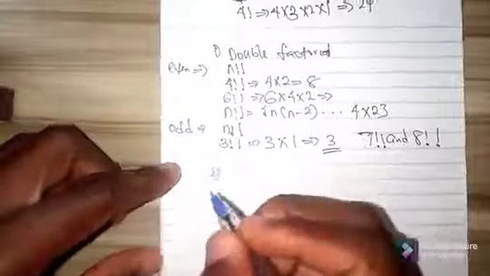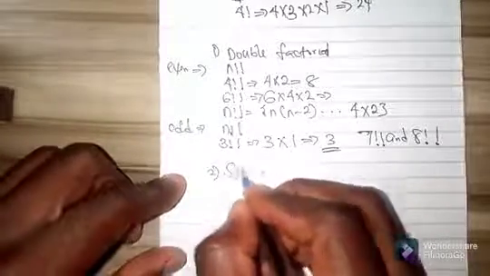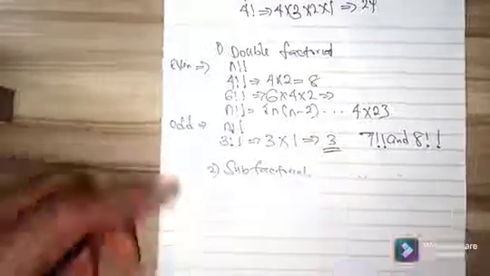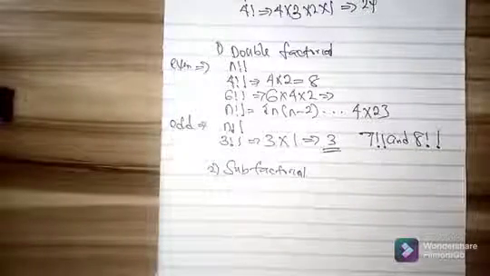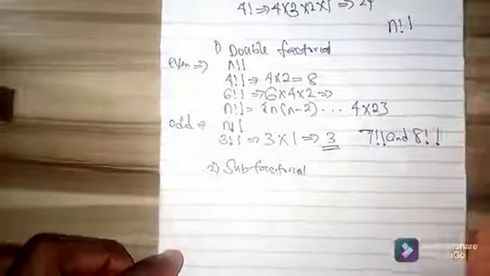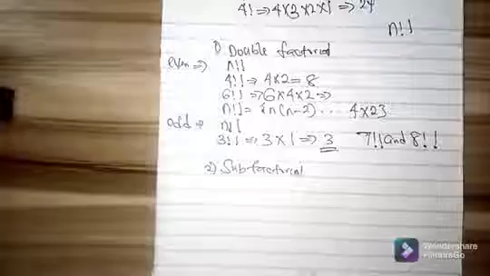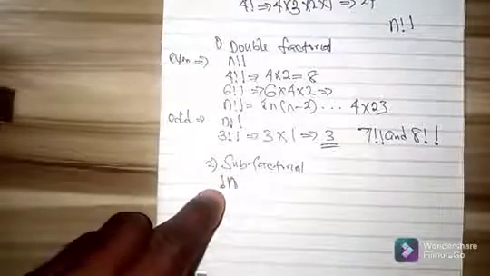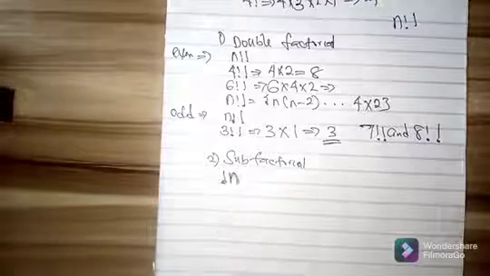Now, the next factorial I'll be talking about is called subfactorial. We have been putting our factorial at the front. What if we put our factorial at the back? Exclamation mark at the back, then we have the n.